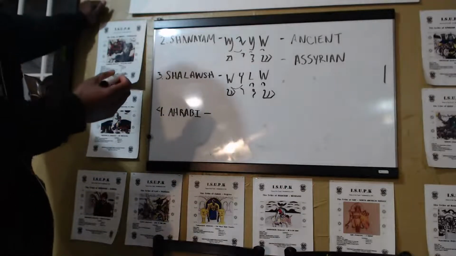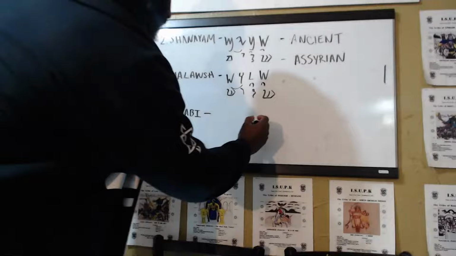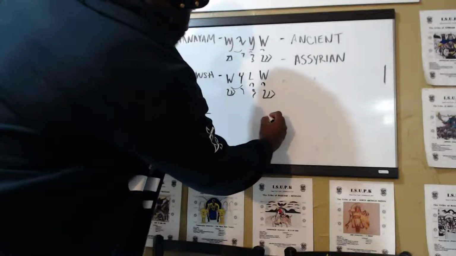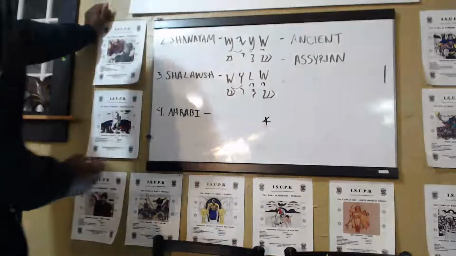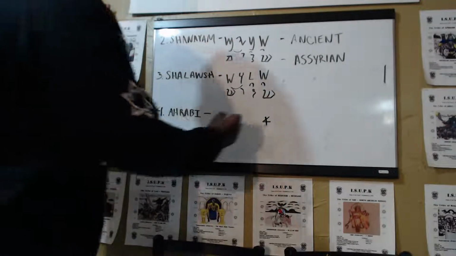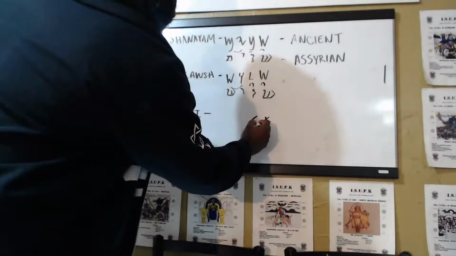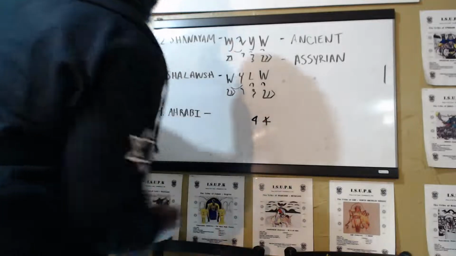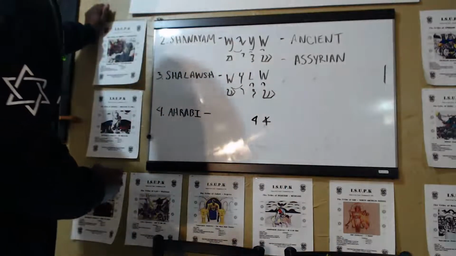And so what do we need? First, we need the I. And then the Ra. And then the Ba.